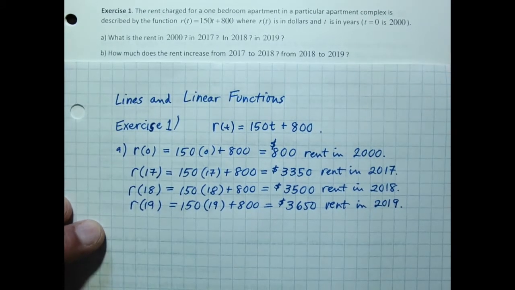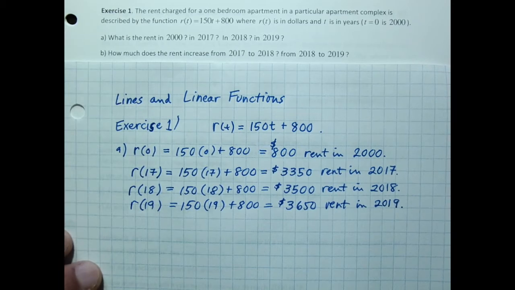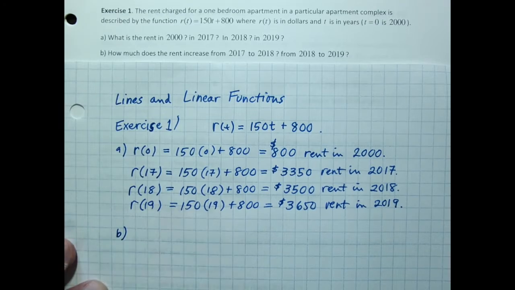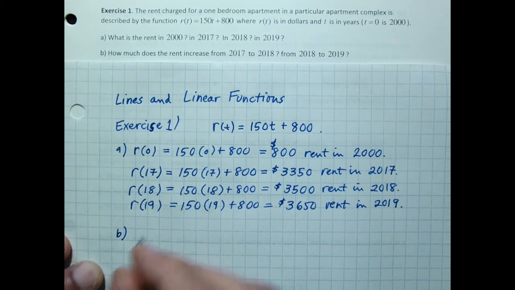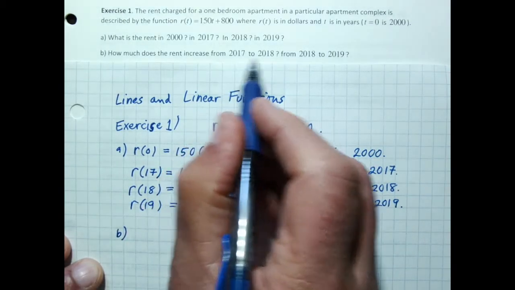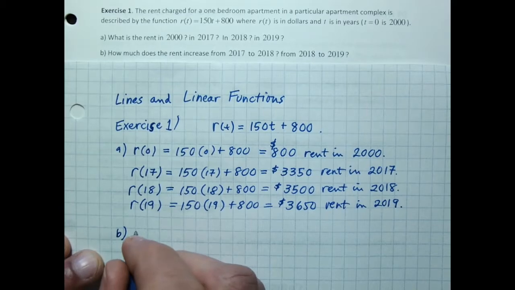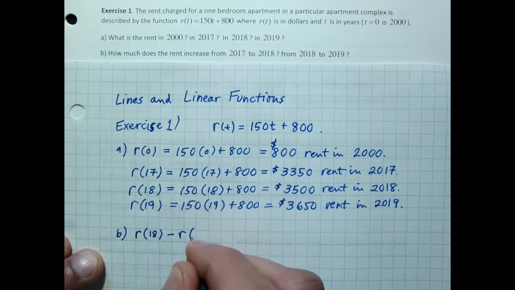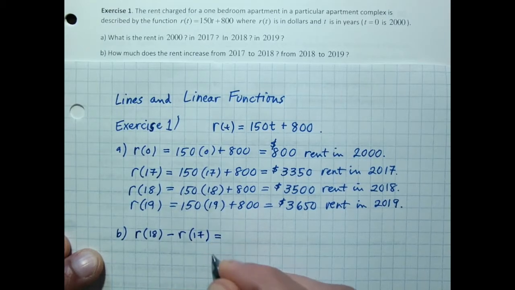Part B is the question, how much does the rent increase from 2017 to 18, from 2018 to 19? So we just want the change. We're going to subtract to get that. Just what's the difference? How much did the rent go up from one year to the next? Now in function notation, the increase from 2017 to 2018, we can describe that as r of 18 minus r of 17 in symbols.